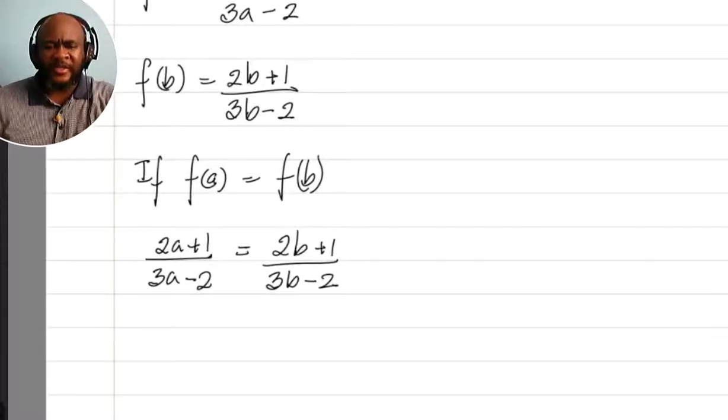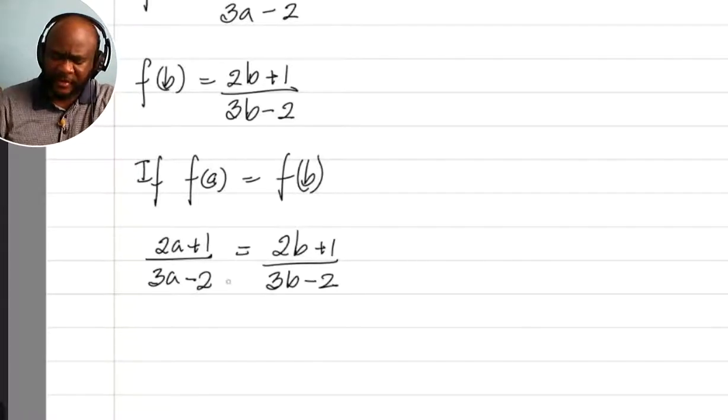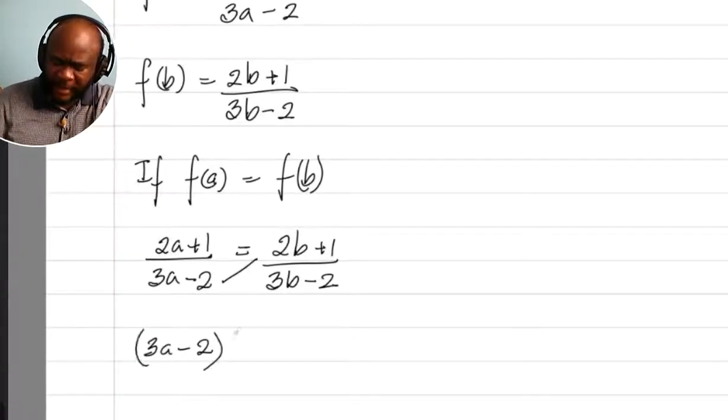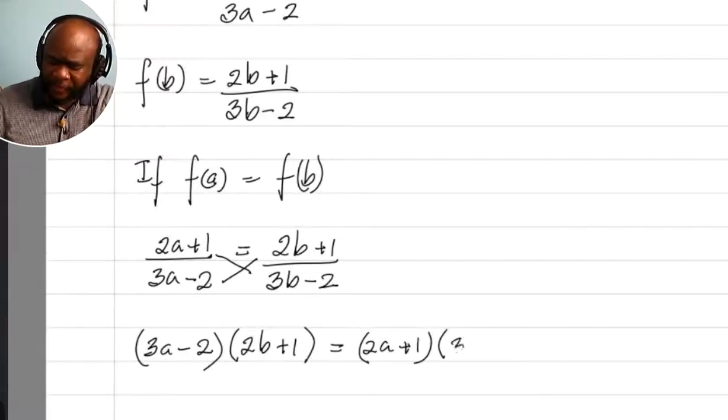Now, if one fraction is equal to one fraction, what we should do is cross multiply. So let's cross multiply. So we have 3A minus 2 multiplied by 2B plus 1 would be equal to 2A plus 1 multiplied by 3B minus 2.